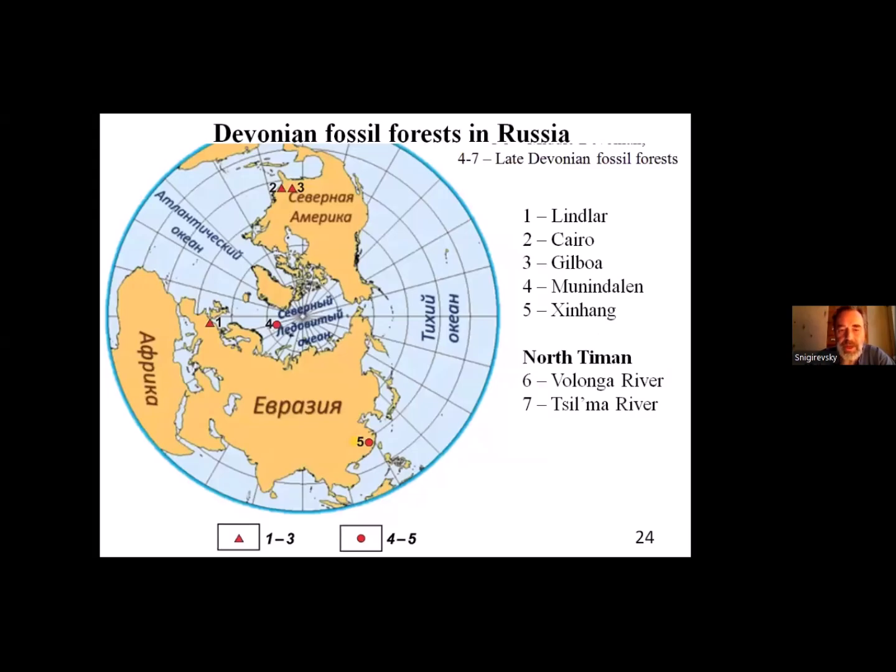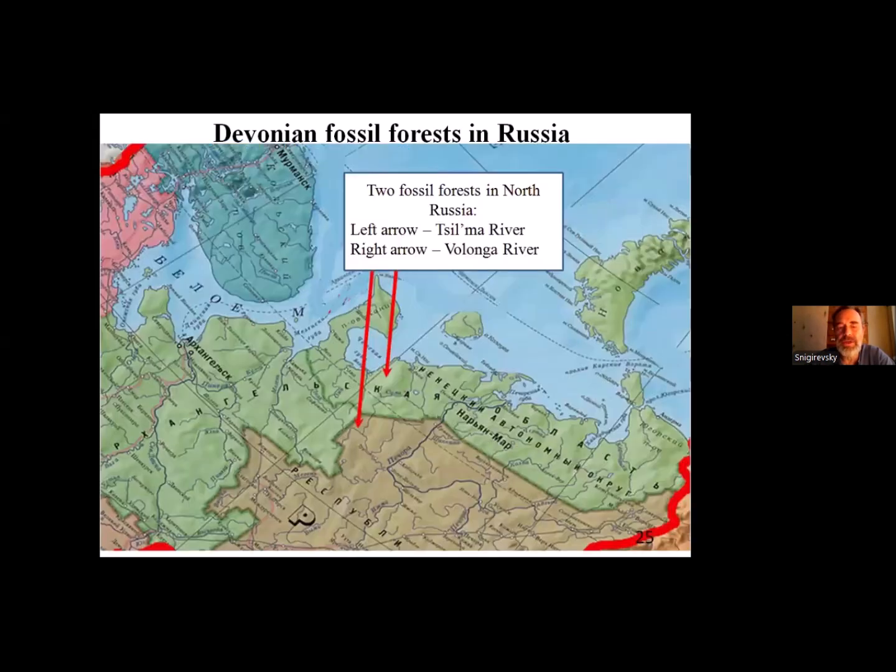So, and now we return to the localities of Devonian fossil forests here in the European part of Russia. And here is a more detailed map of this region.